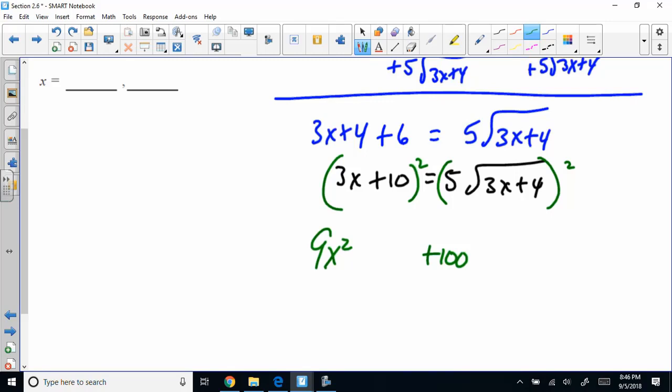All right, so what's 3x times 10? What's a times b? 3x times 10 is 30x, right? Times the 2 is what? 60x there. Can you write that twice and expand it?